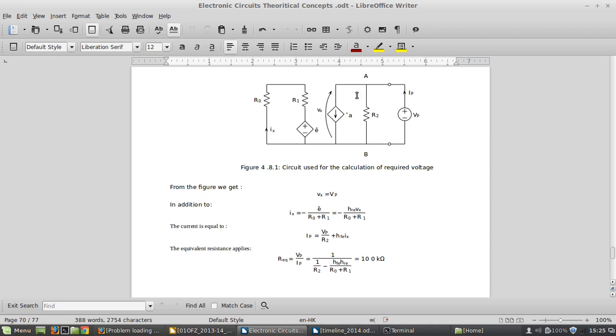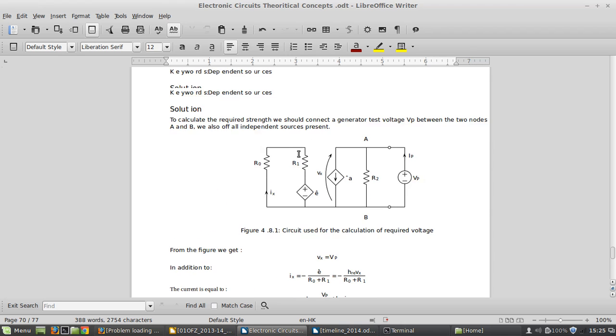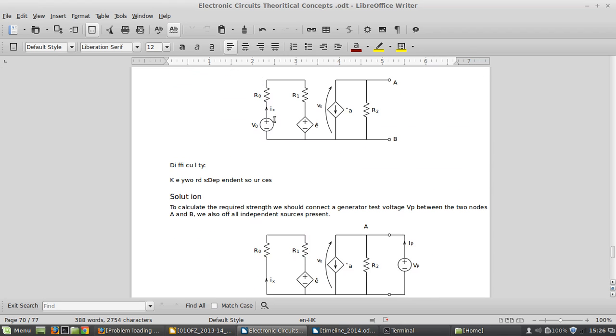And then you also have to find an I short circuit from this terminal, and then just use Ohm's law to find the equivalent resistor.